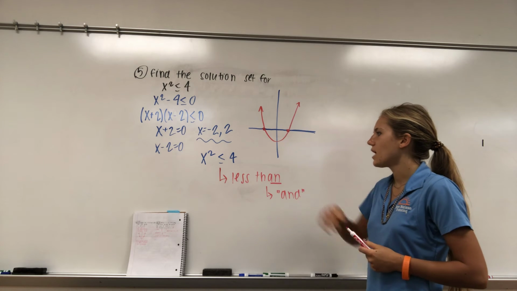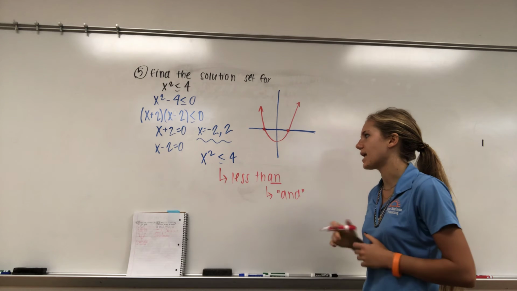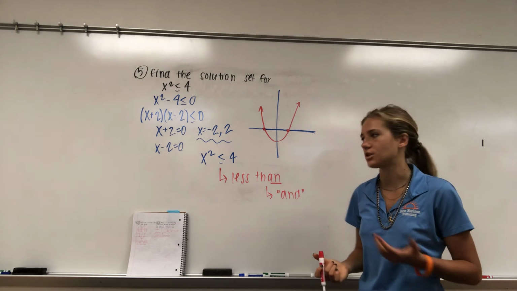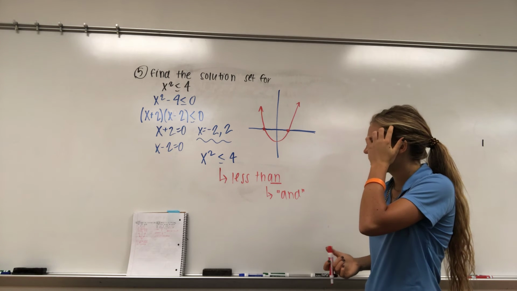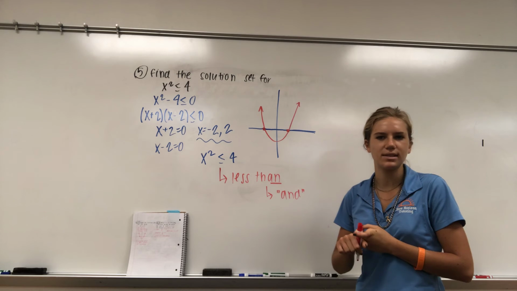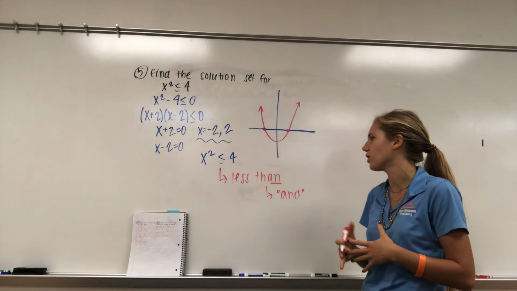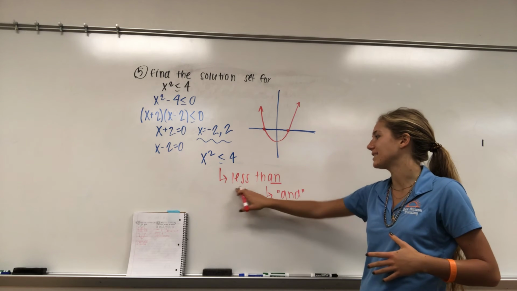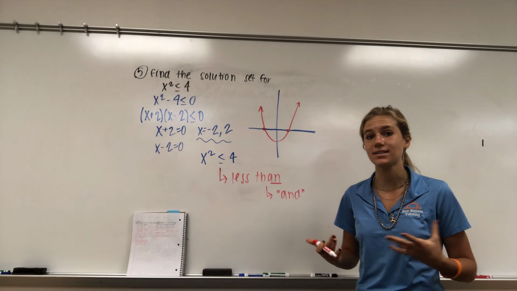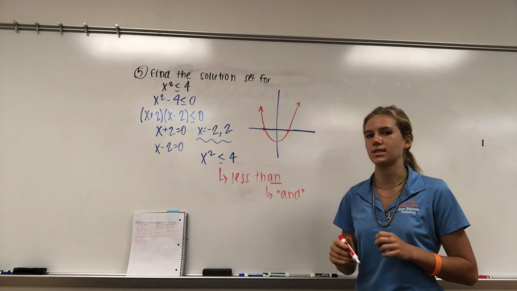So if we look at this inequality, it reads as x squared is less than 4, right? We already established that. I've just remembered it through practice, but to use, like I said, this cheesy remembering tool, we have less than. The and in less than sounds like and. So I know that this is going to be what we call an and inequality solution set.